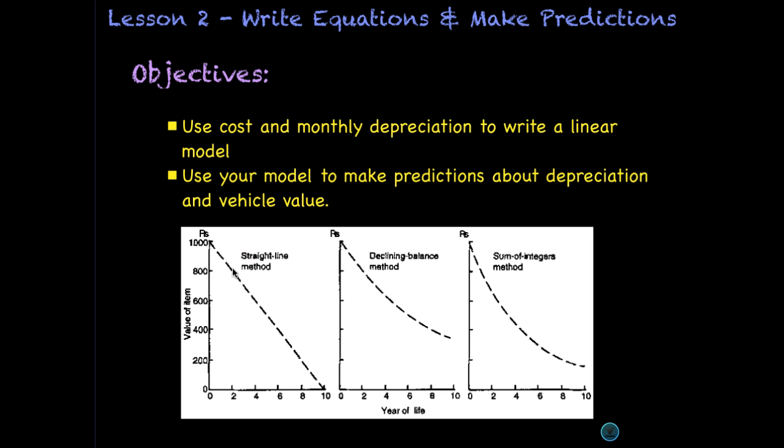So we basically depreciated $200 every 2 years, or $100 every year, according to this graph. And that pattern will continue all the way down the graph. So what we plan to do is build a linear equation in y equals mx plus b form, slope-intercept form, in order to model this depreciation.